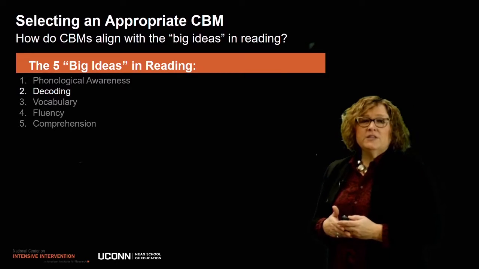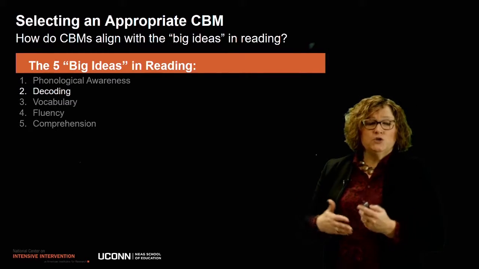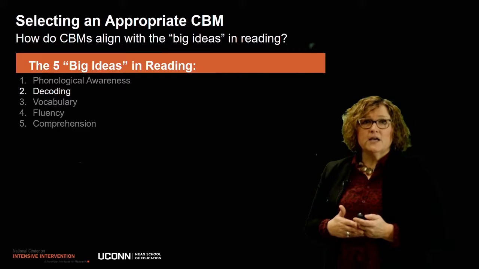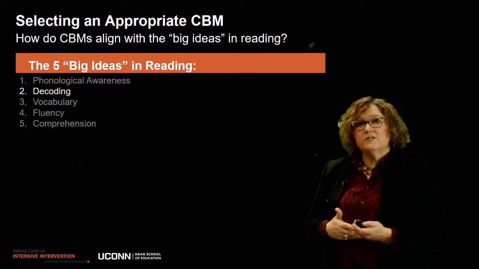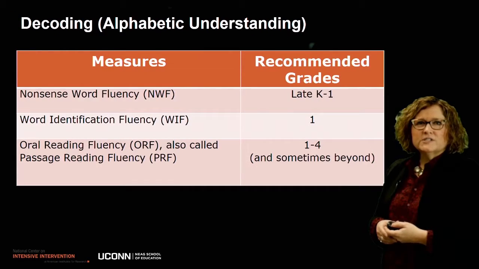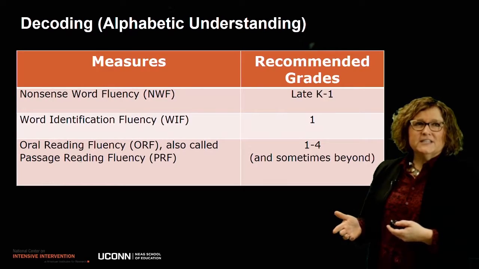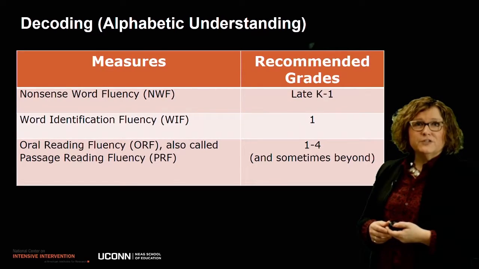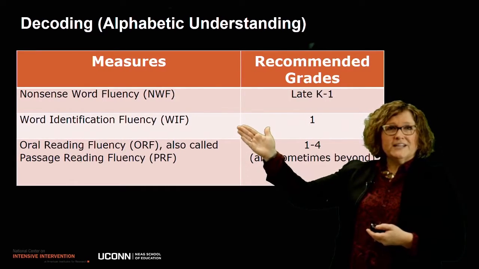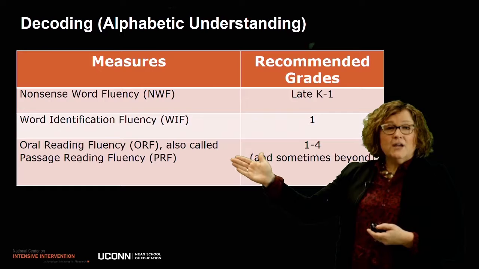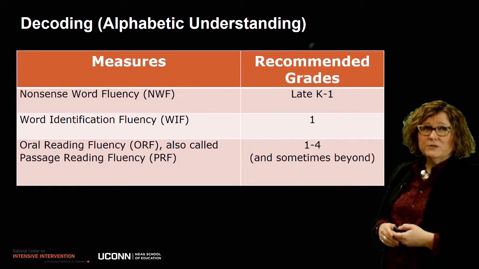Next, it might be that the student is struggling at the decoding level, and so we want to choose CBMs that align with those decoding types of activities. So these are some examples of typical measures that we might give if the difficulty that the student's having is at the level of decoding. Things like nonsense word fluency, word identification fluency, and oral reading fluency, which we sometimes call passage reading fluency.